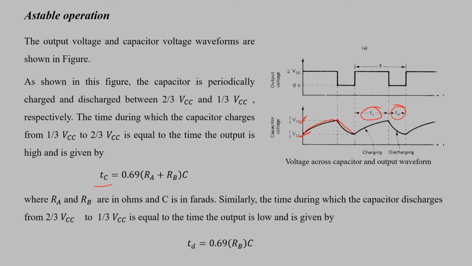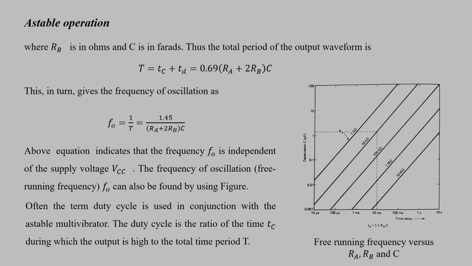Similarly, the time during which the capacitor discharges from 2/3 VCC to 1/3 VCC is equal to the time the output is low and is given by Td = 0.69 Rb C, because it is discharging now through Rb only, where Rb is in ohm and C is in farad.